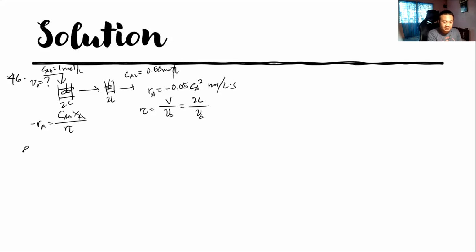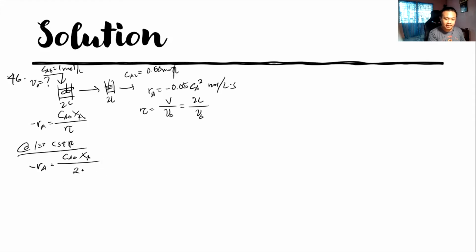So at first CSTR, analyze na nato ang flow sa first nga CSTR. So for the first CSTR, you can use this equation, diba? Sa dayon 2 here. It's just substitute.